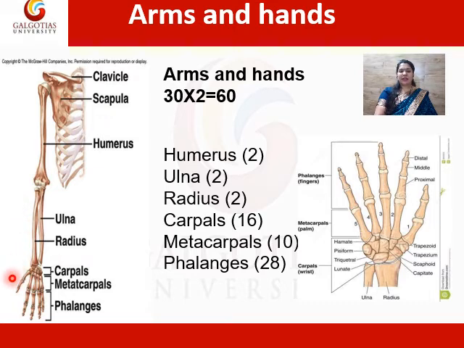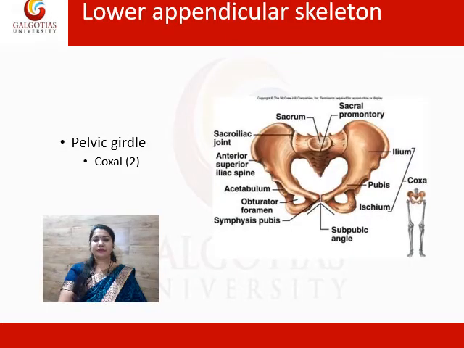Carpals are 8 on each side, 8 plus 8 is 16. Metacarpals are 5 on the right and 5 on the left, forming 10 bones, and phalanges are 14 in one hand, so 28 in number. So there are 30 bones in one hand and 60 in the two upper limbs of the upper appendicular skeleton.